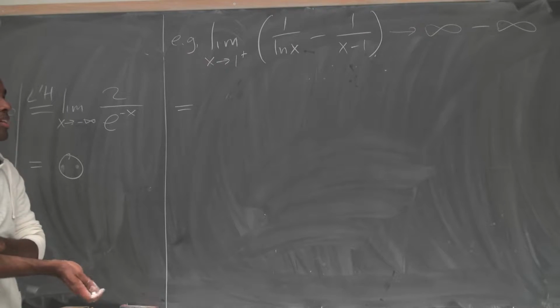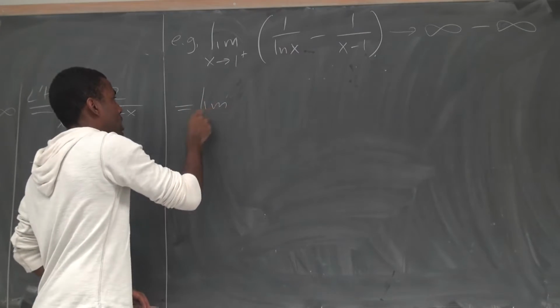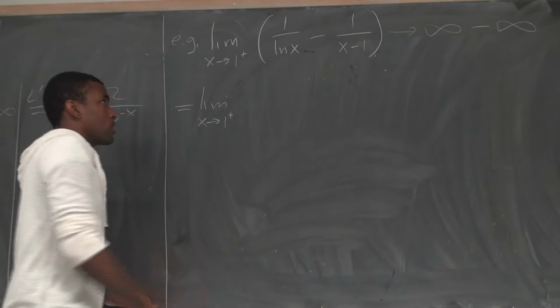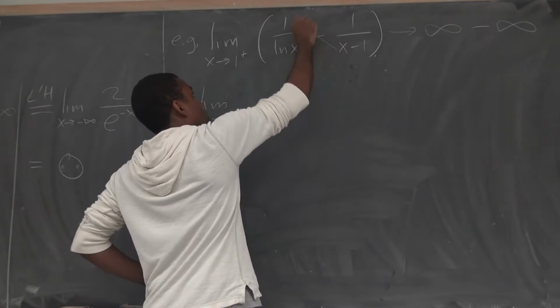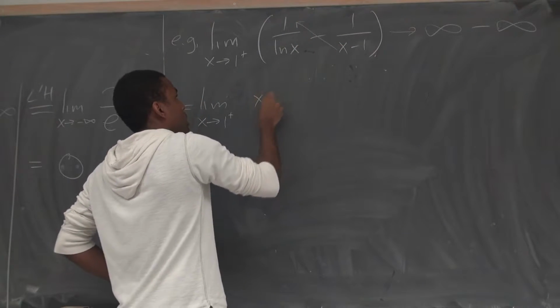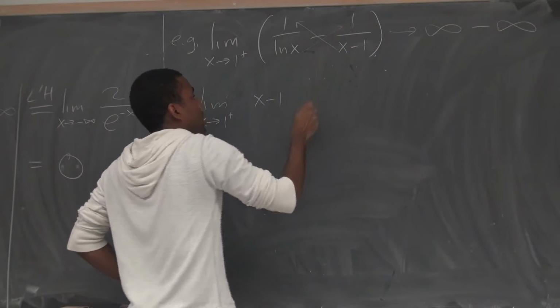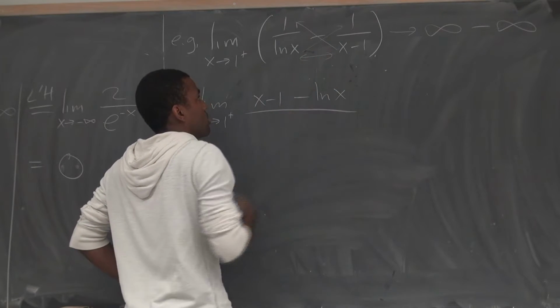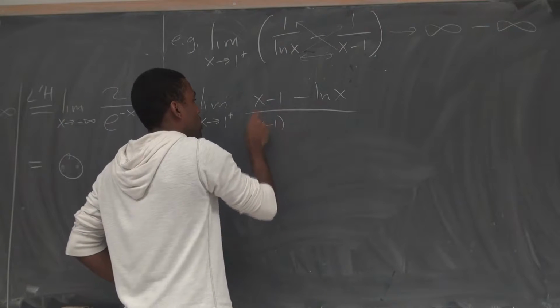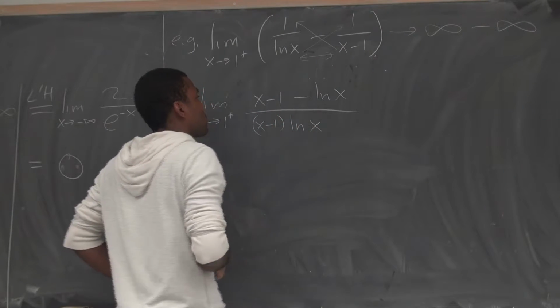You want to combine the fractions. Right, so let's actually do that. There's a trick to combining fractions really quickly that looks like cross multiplication, but technically it's not. You can multiply this denominator across that, you get x minus 1. Multiply this across that, you get minus ln x. And then you can multiply the denominators individually. So this gives you x minus 1 times ln x.